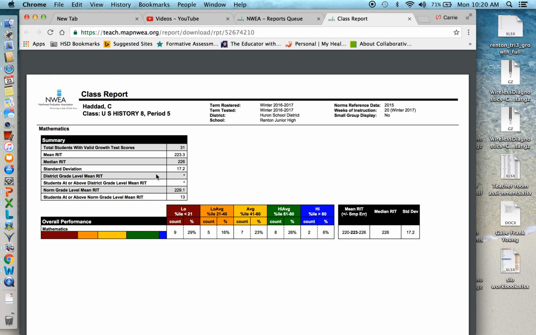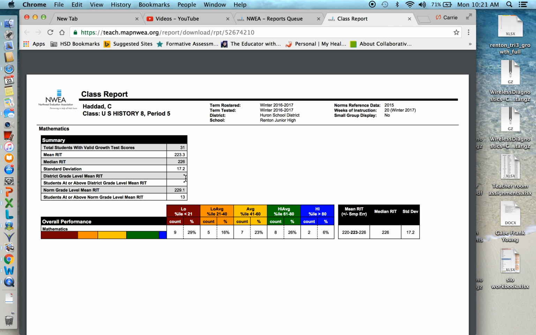So the higher your standard deviation is, the bigger gap you're going to have in your learners. We were also presented with, if you have a standard deviation of 10 or above, and you're doing the majority of your instruction in whole group, you are leaving a whole bunch of your students out. So you really need to do some differentiation.